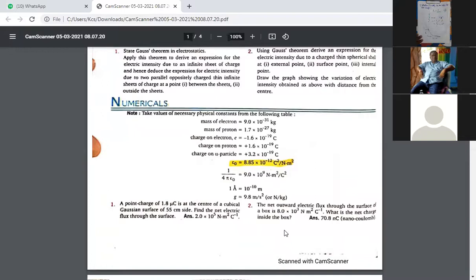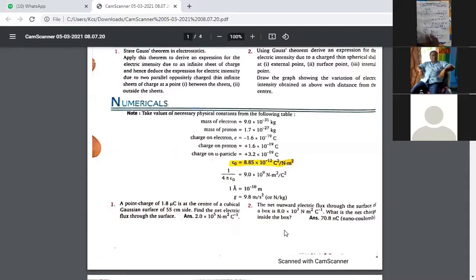Which formula you will use here? Cubical Gaussian surface के अंदर 1.8 माइक्रोकूलम का चार्ज है. 1.8 microcoulomb means 1.8 into 10 power minus 6 coulomb. What will be the electric flux enclosed by the cubical Gaussian surface?